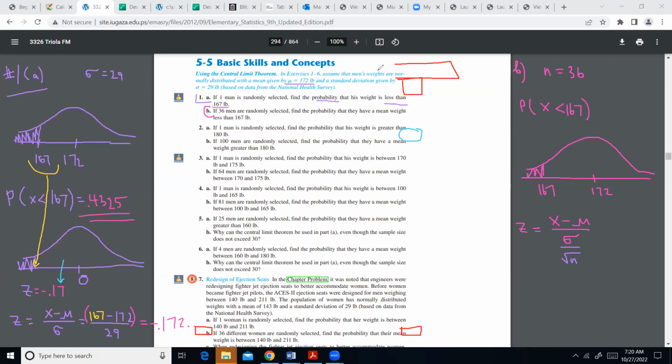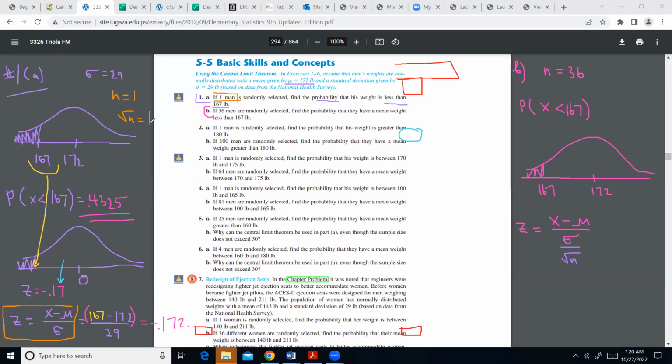And if one wonders why we didn't do this before, the answer is we did. Our sample size was 1 because we looked only at one man. So if n is 1, then the square root of n is also 1.